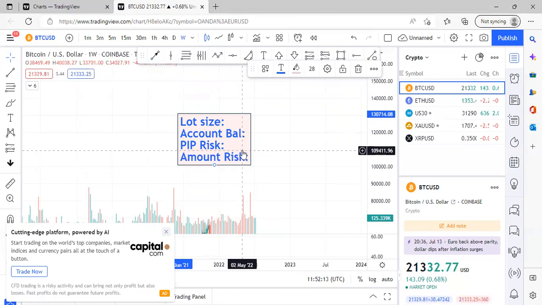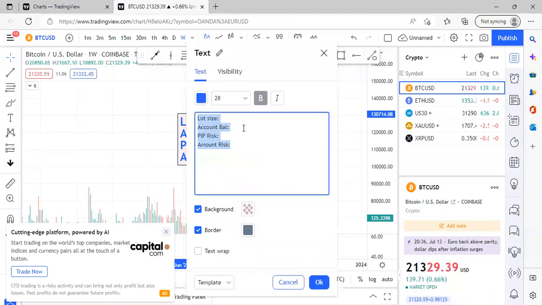Let's say your account balance in your trading, either your MT4 or your MT5, is $1,000.